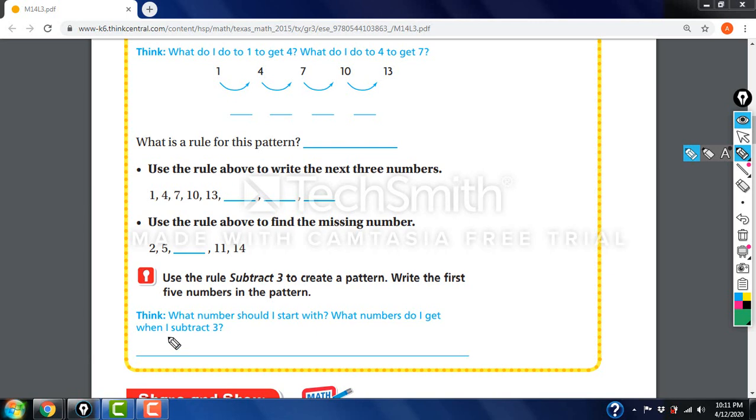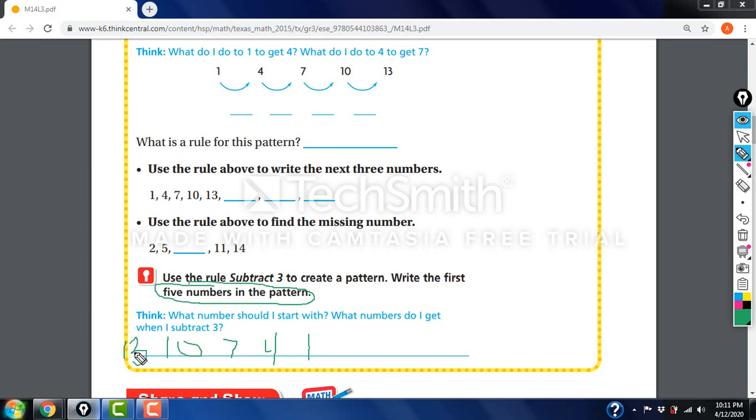So here's my pattern. 10. I subtract 3. I get 7. I subtract 3. I get 4. I subtract 3. I get 1. And this one I could have started off with 13, because it says to write the first 5 numbers.